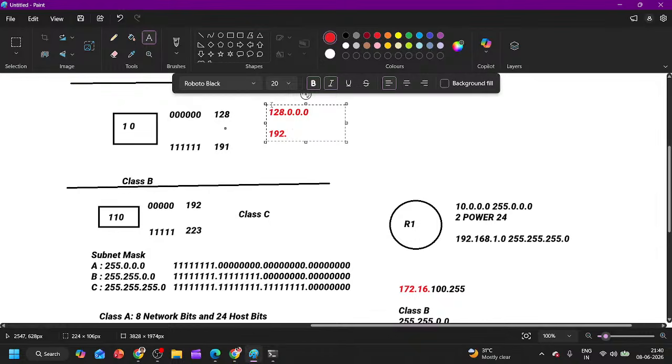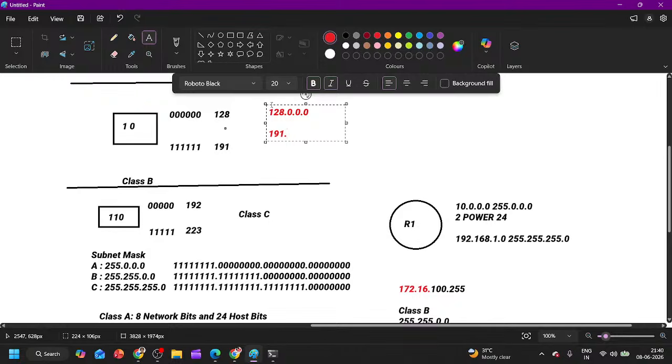191. 192 is class C, so this is 191. Absolutely correct.